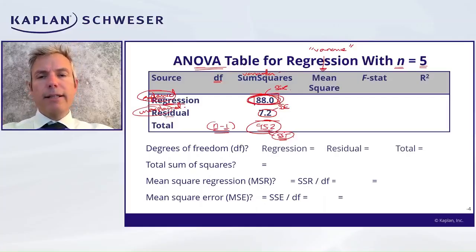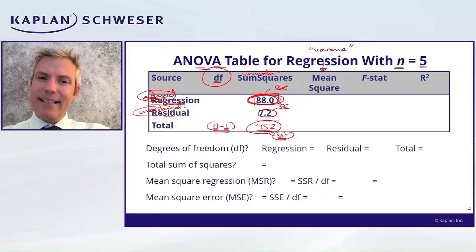So the question here is, how many degrees of freedom are there for the regression, and how many degrees of freedom are there for the residual? Well, the way to think about this is to think how many sources there are, how many dimensions there are which can create this explained variation. Now the model that you're looking at here is y is b0 plus b1x and then some noise. This is unexplained.